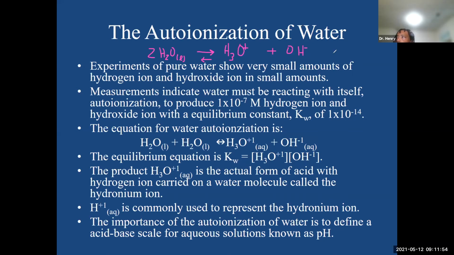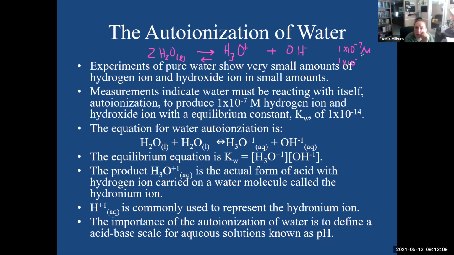So it's going to be 1 times 10 to the minus 7 molar, always. The hydroxide ion is always going to be at the same concentration as well. That's always at a specific temperature, right? According to the book. Yes, but it pretty much holds true at all temperatures, although it can be slightly deviated by temperature, but for the most part, it's really close either way.